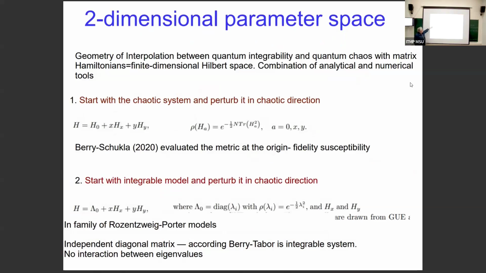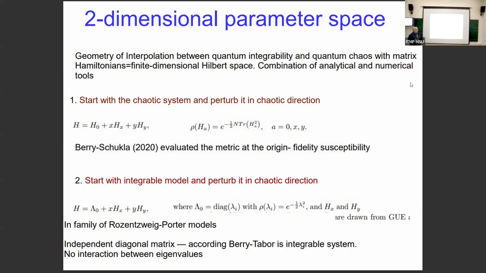We consider random matrices, and we add two additional perturbations with Hermitian matrices parameterized by two parameters, all of them with Hermitian Gaussian probability, and the metric has been evaluated as the second derivative with respect to x and y at the origin. The second model we have discussed starts with an integrable model.